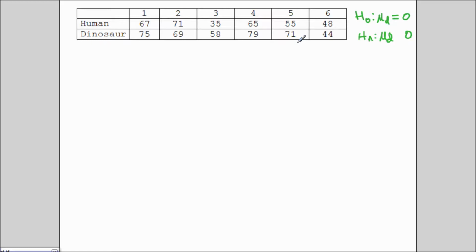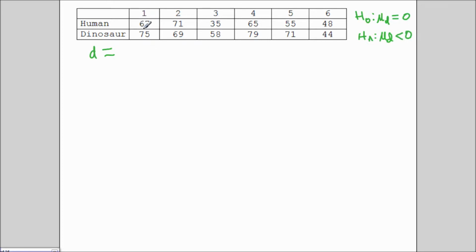So you can do it one of two ways. Your difference, your D, is either dinosaur minus human or human minus dinosaur. But because we want to test to say dinosaurs are better, if you do dinosaur minus human, you would say that it's greater than 0. In this case, I'm going to just do it as human minus dinosaur, so it's a little more visually simplified. But then we're going to assume that we're testing to see if it's less than 0, it's worse.